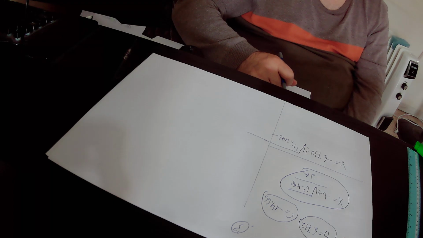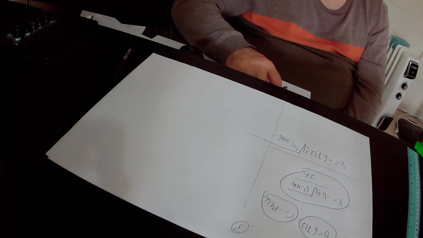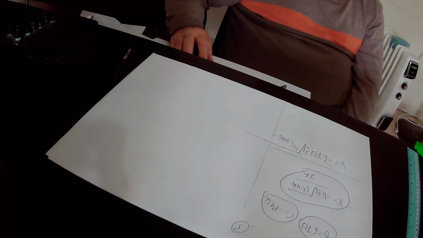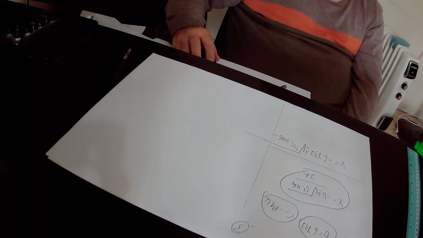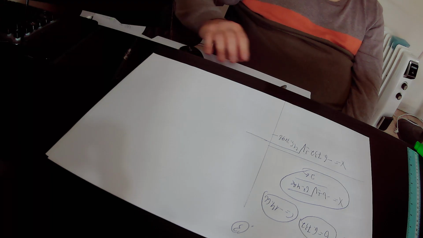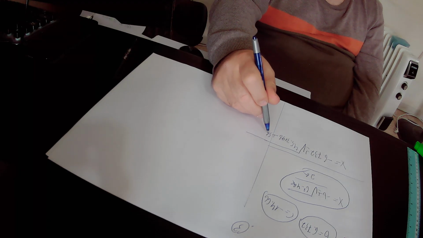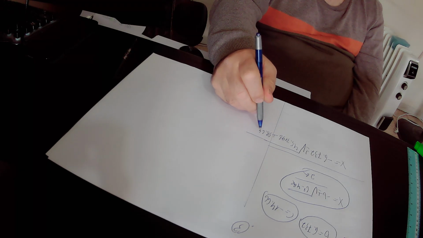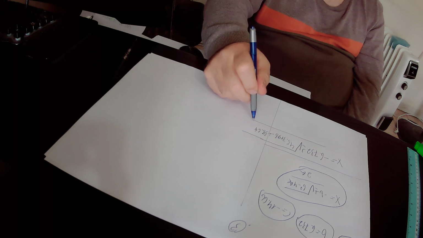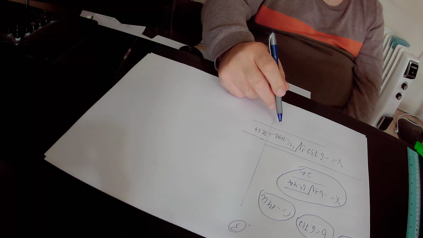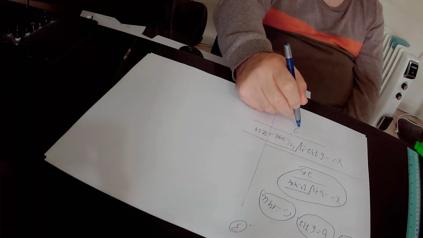Minus 4 times minus 14.66 is plus 58.64, divided by 2a. A is 1, so 2a is 2 times 1, that is 2.